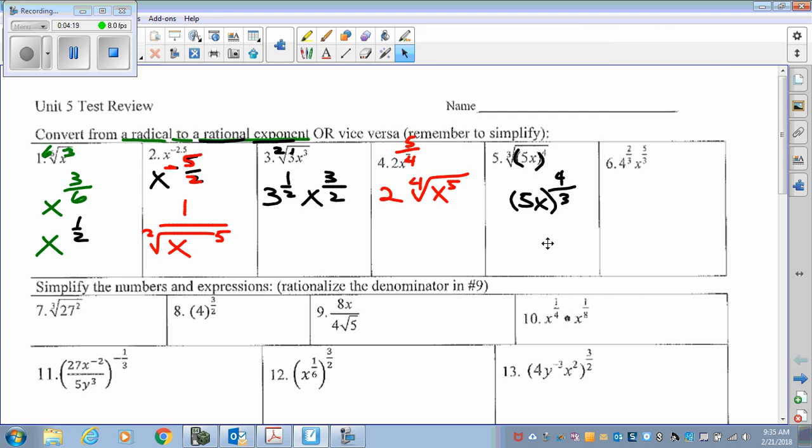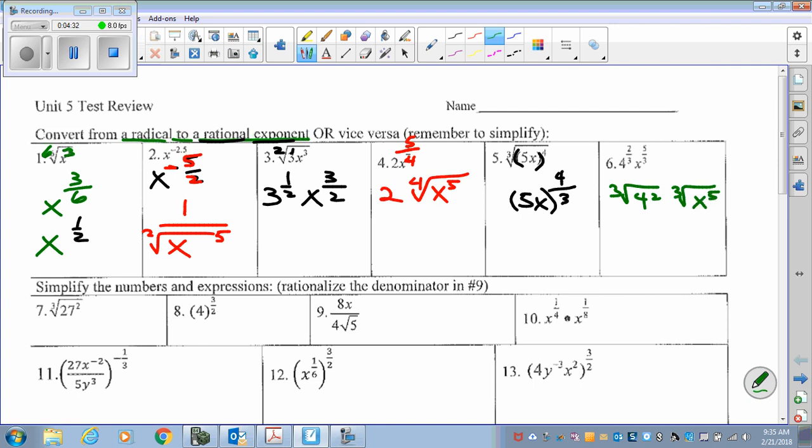Okay, and then now here I have both of these, so this would be the 3rd root of 4 squared, and this would be the 3rd root of x to the 5th.